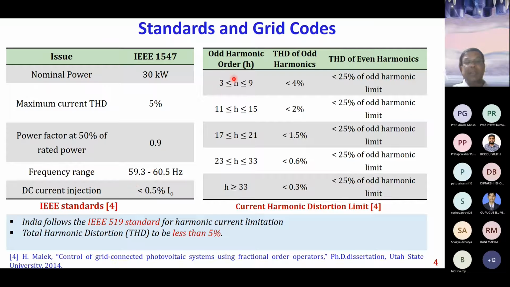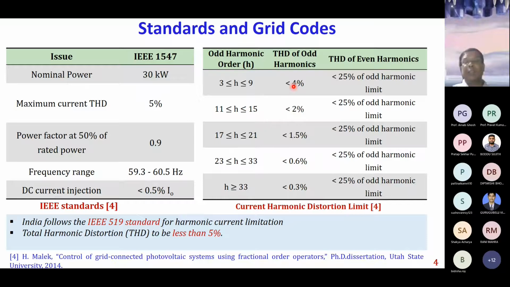And then we have the IEEE 1547 grid code that says the DC current injection should also be less than 0.5% of the rated current. There is also a mention in the grid code of the different harmonics.